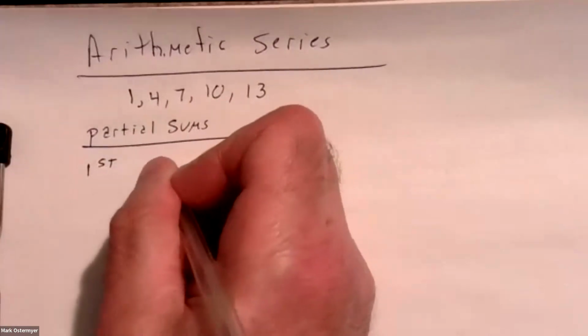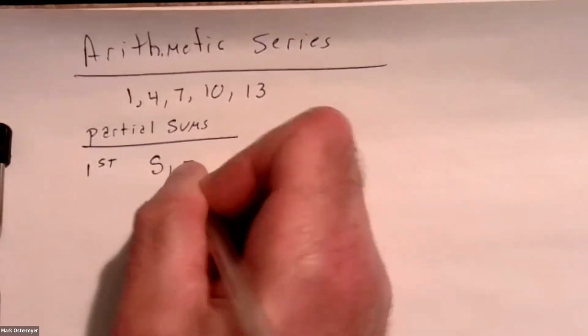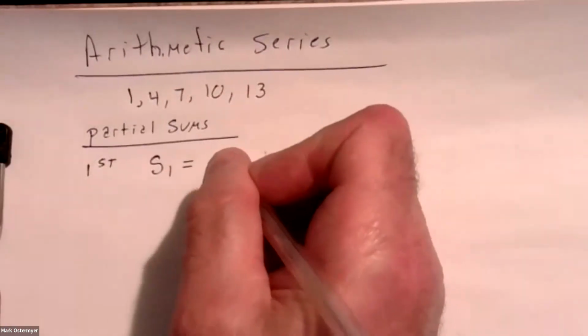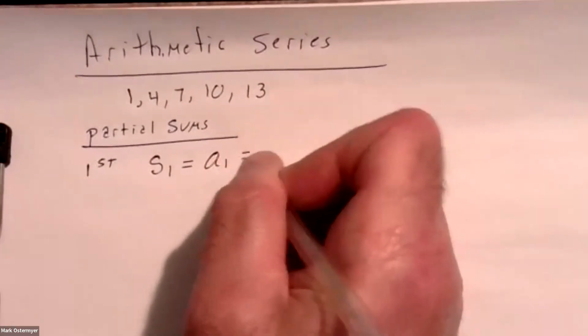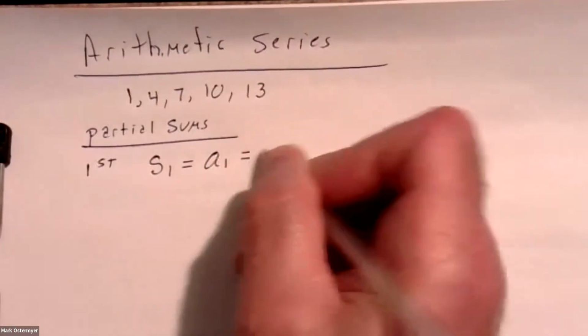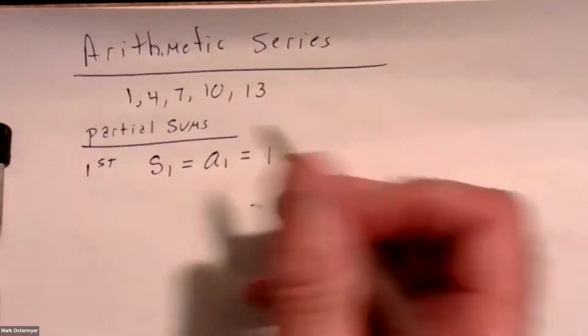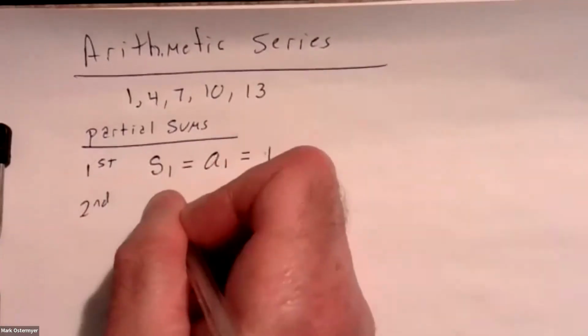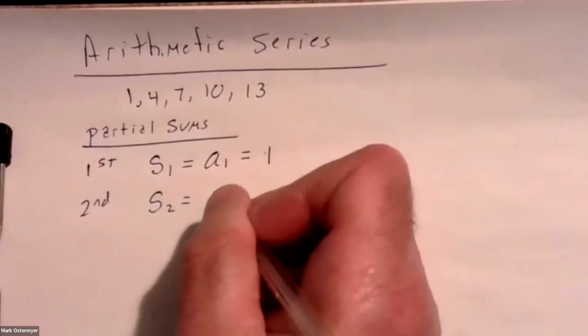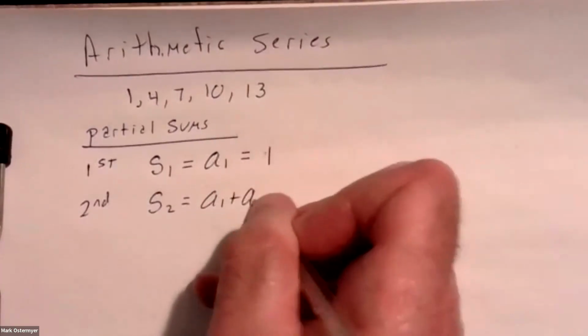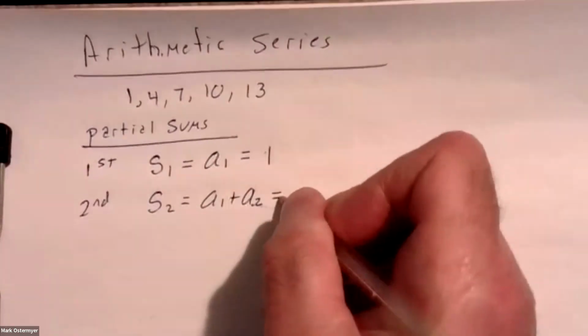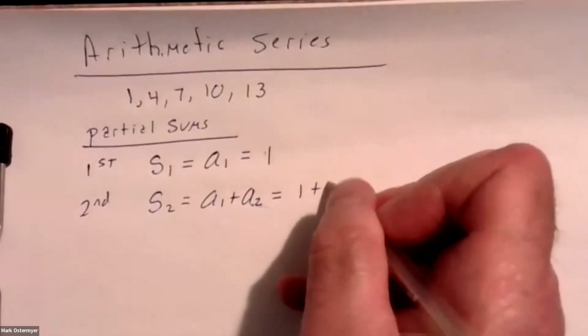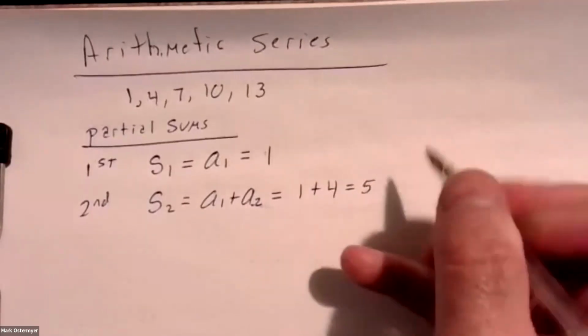The first partial sum, denoted as S sub 1, is nothing more than just the first term of the sequence. So my first partial sum is going to be 1. My second partial sum, denoted as S sub 2, is the sum of the first 2 terms of this sequence. And that's going to give me 1 plus 4, or 5.